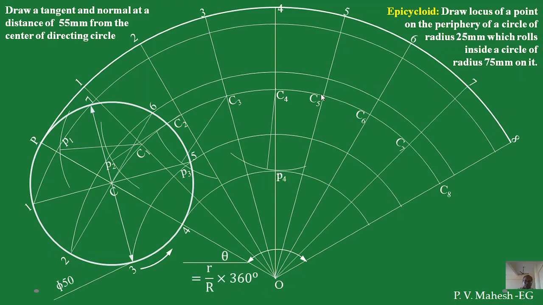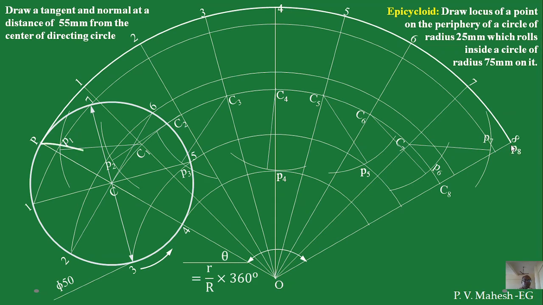With C5 as center, again on the line passing through 5, I should be careful, so here I will get P5. Then with C6 as center, draw an arc on the line passing through 6, not on the center line. So here I will get P6. Now with C7 as center, on this line I will get P7 and here I will get P8.